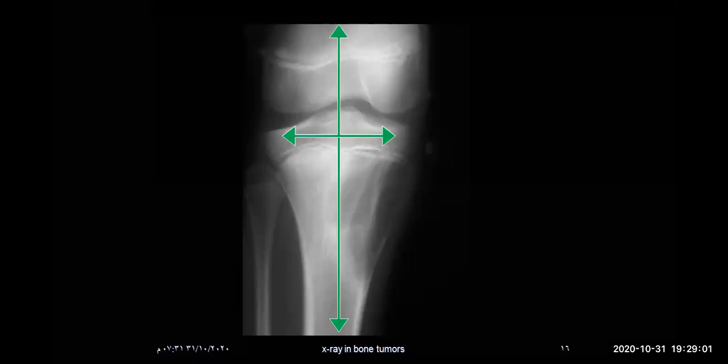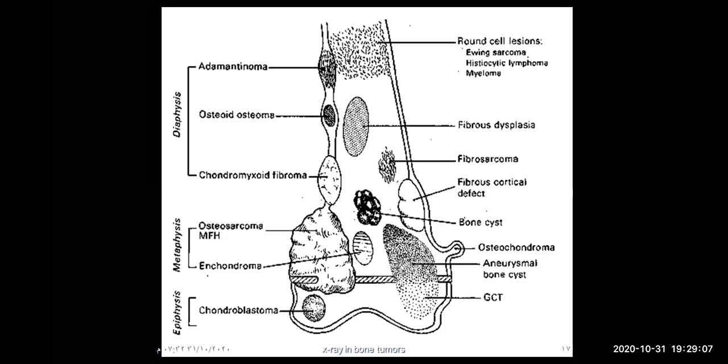That's it. You will find this diagram in almost every orthopedic textbook. It is very important for us. Remember this.